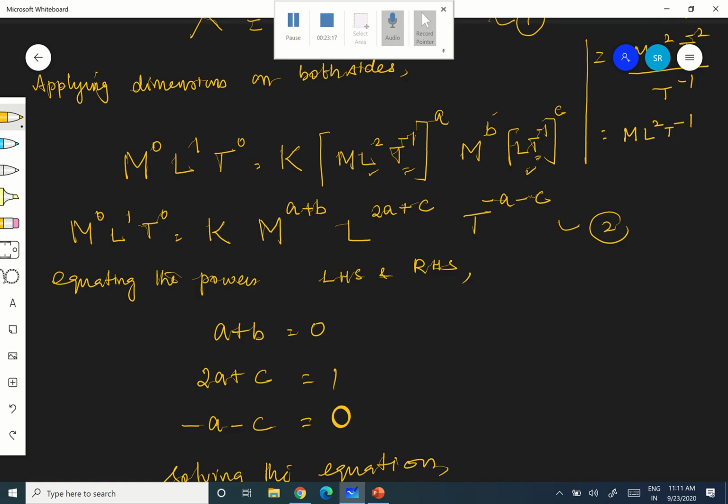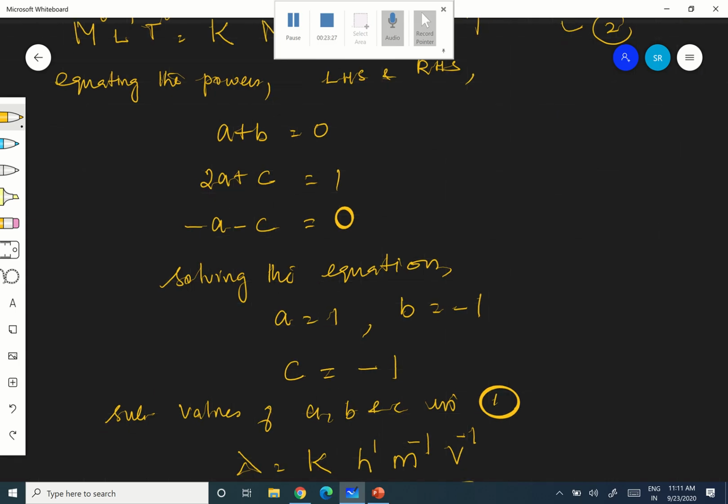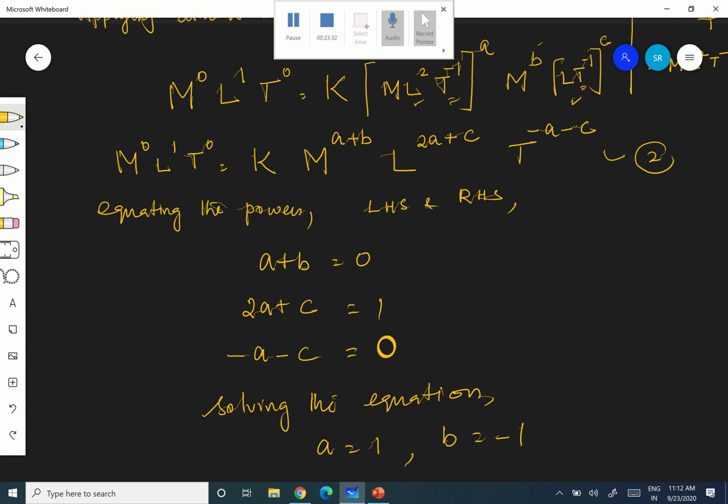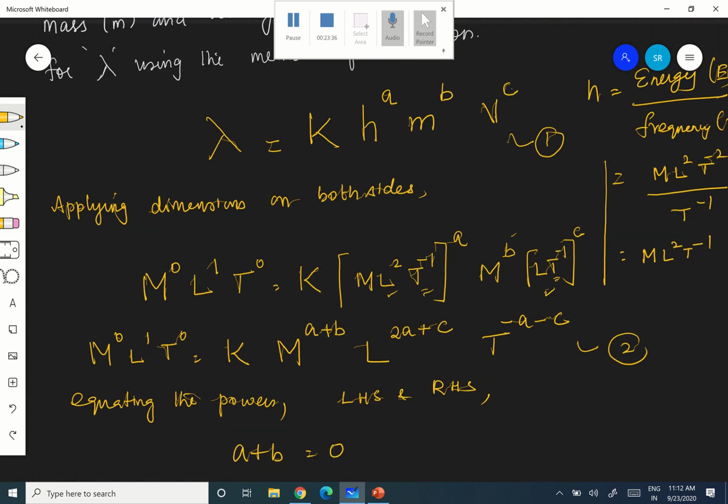After that you have to equate the powers. Then from that you will be getting linear equations. Solve them, you will be getting a, b, c, and substitute them in the first equation so that you get the final formula. The formula for lambda, the wavelength, is k h by m v. That's it.